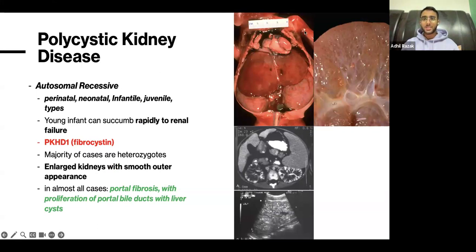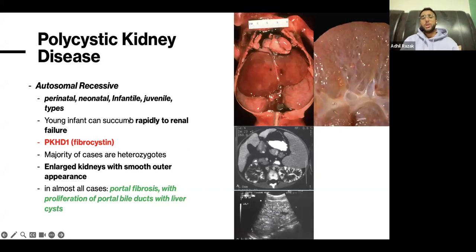And you can see it's a tiny baby who's been cut open. It's sad. I think it's a preterm baby. Anyways, in almost all cases, what is characteristic for autosomal recessive polycystic kidney disease is portal fibrosis with proliferation of portal bile ducts with liver cysts. You see liver cysts, but portal fibrosis as well.